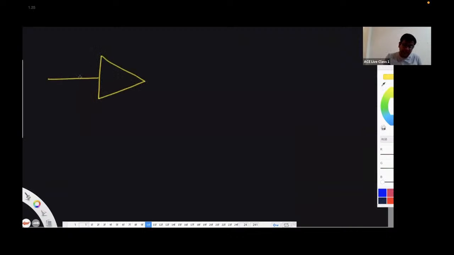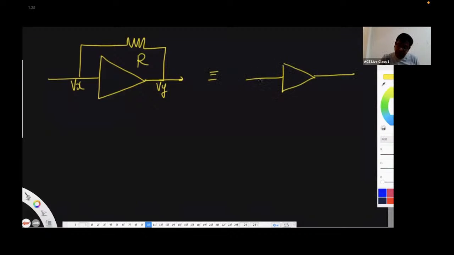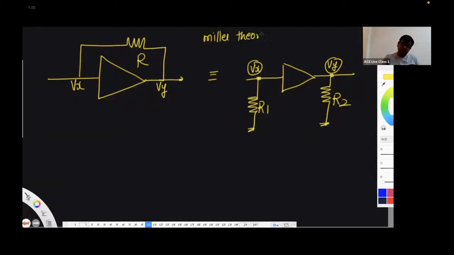is whenever you have an ungrounded resistor between input and output, Vx and Vy, then this can be split into two grounded resistors: one from this node Vx to ground, and this one from Vy to ground. So this is called what theorem? Miller's theorem.